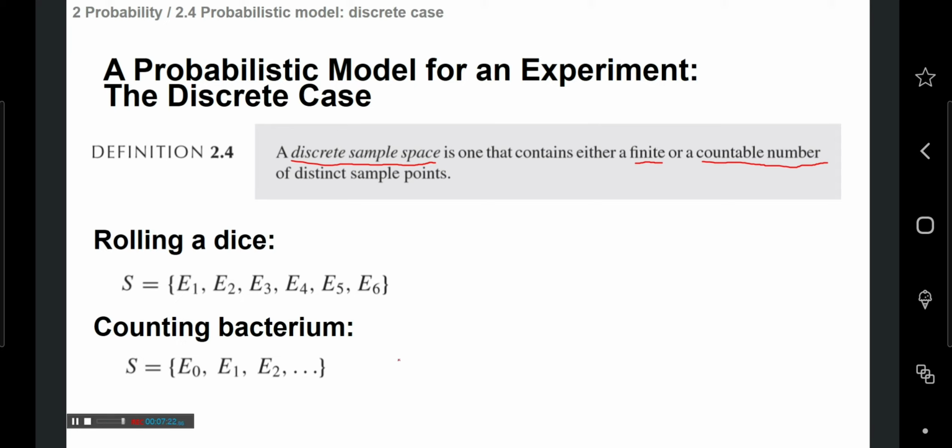If our sample space S contains a real interval from 0 to 1, would it be a discrete sample space? Actually, no. The real numbers are uncountably many numbers, so that's not a discrete sample space.